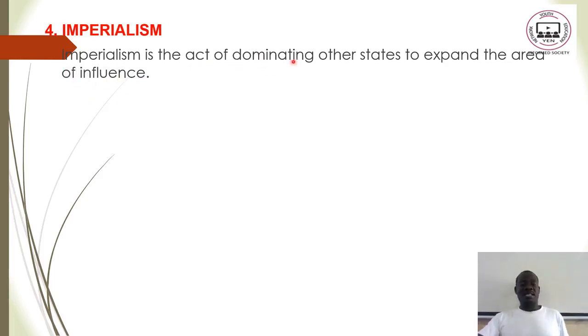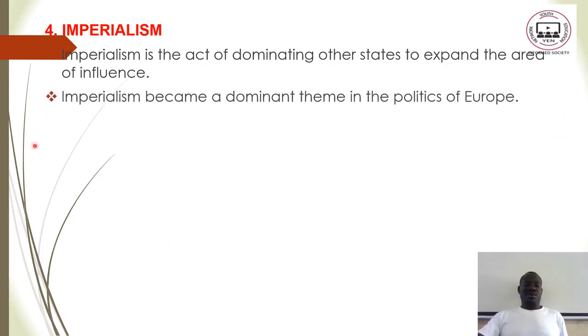That is called imperialism. Imperialism became a dominant theme in the politics of Europe. Many countries in Europe were fighting to dominate other states so as to expand their territories.